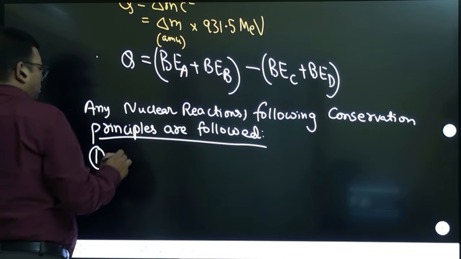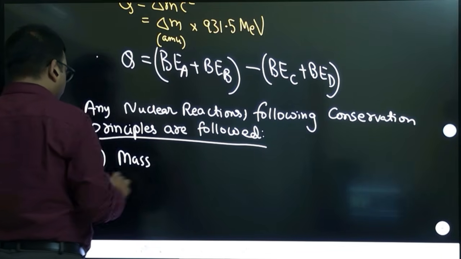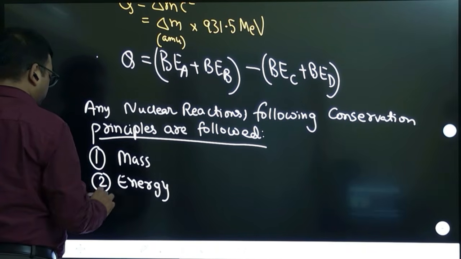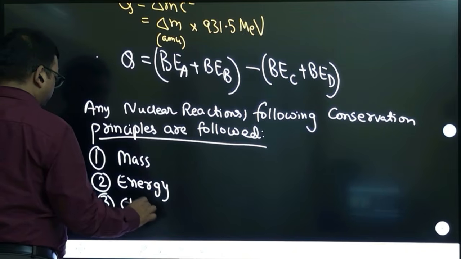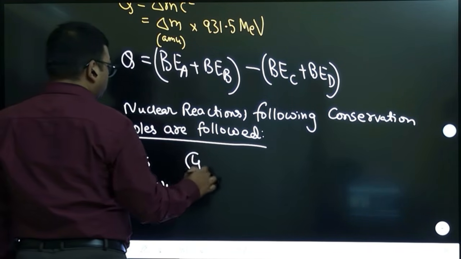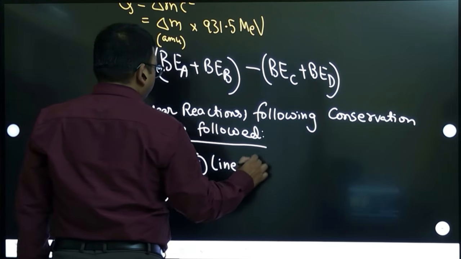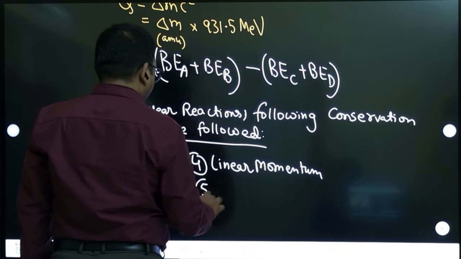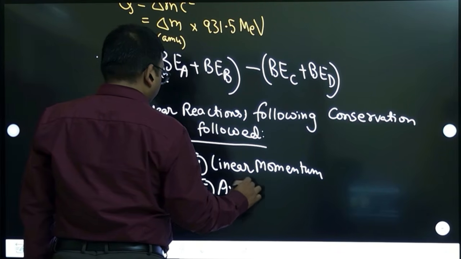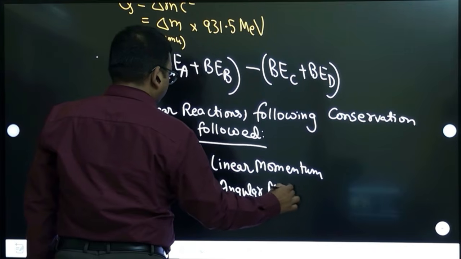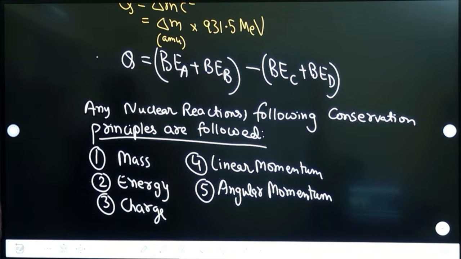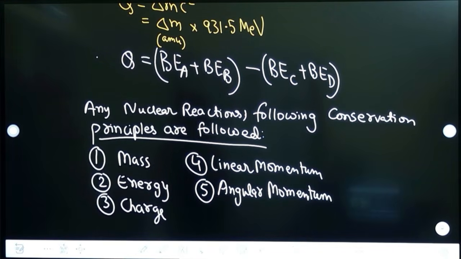First, conservation of mass. Second, conservation of energy. Third, conservation of charge. Fourth, conservation of linear momentum. Five, conservation of angular momentum. These are the five principles.